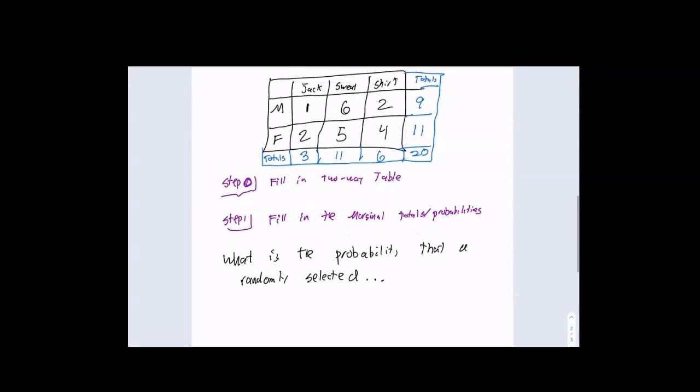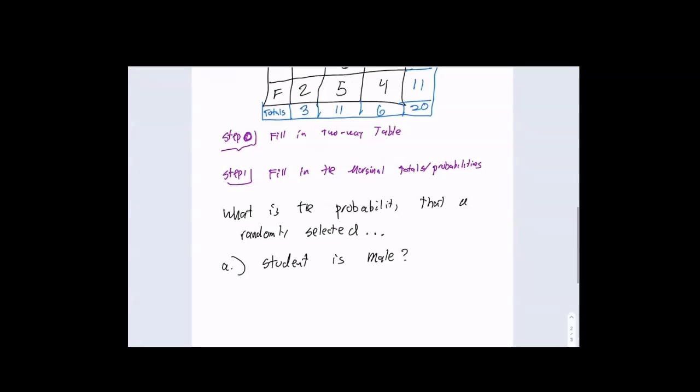Okay? So question A. What is the probability that a randomly selected student is male? Now, who am I looking for? Who am I choosing from? What is my population in this question?